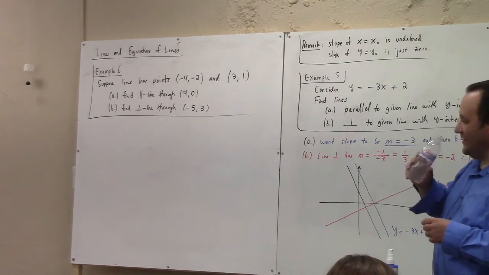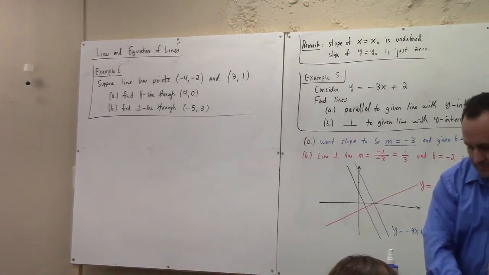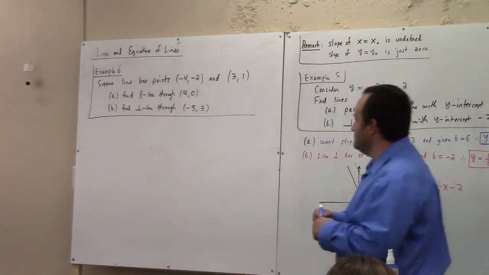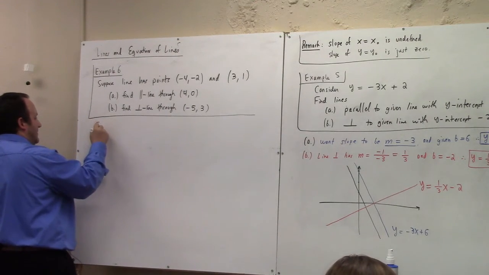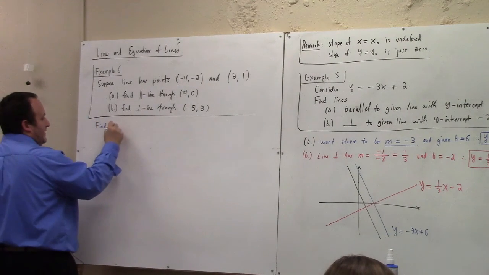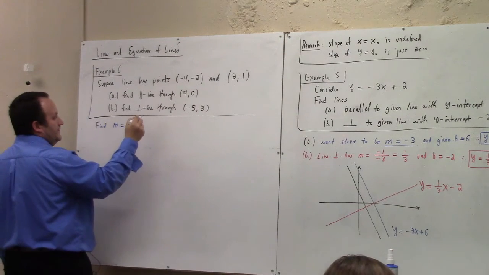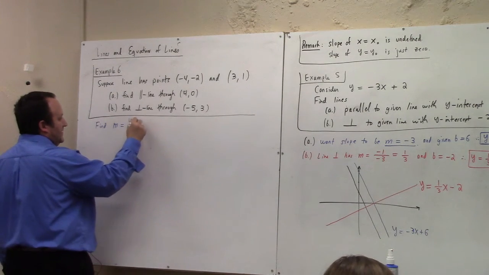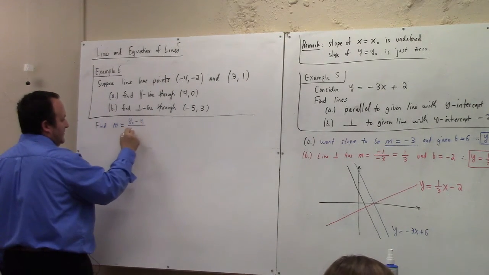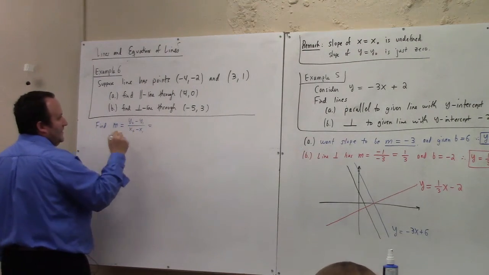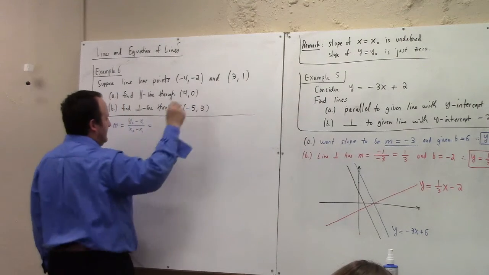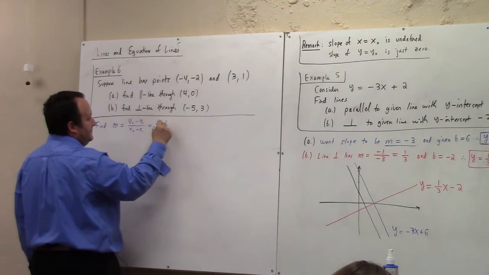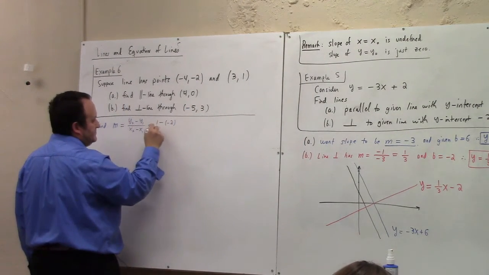Find the slope? I like that. How should we find the slope? Use the slope formula. Okay, I'll buy that. Let's see here. m equals, I'll write it down, y2 minus y1 over x2 minus x1, right? And so y2, let's say, is 1, and y1 is minus 2.